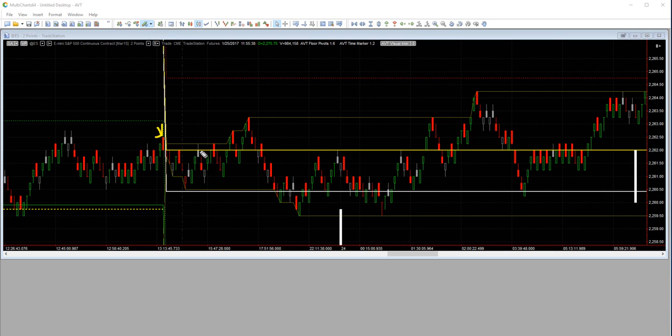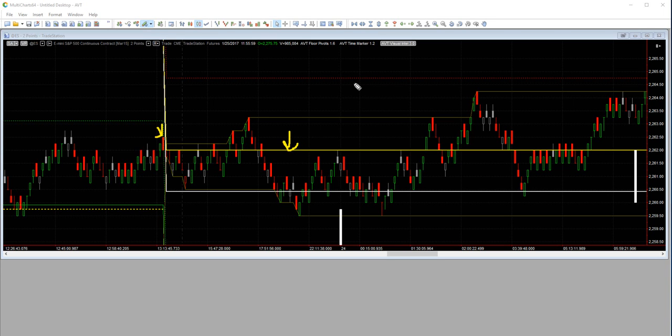The solid yellow line is always going to be yesterday's close, and I choose yellow for yesterday's close, yesterday's high, and yesterday's low, just because yesterday starts with a Y and so does yellow. So this one is yesterday's close.